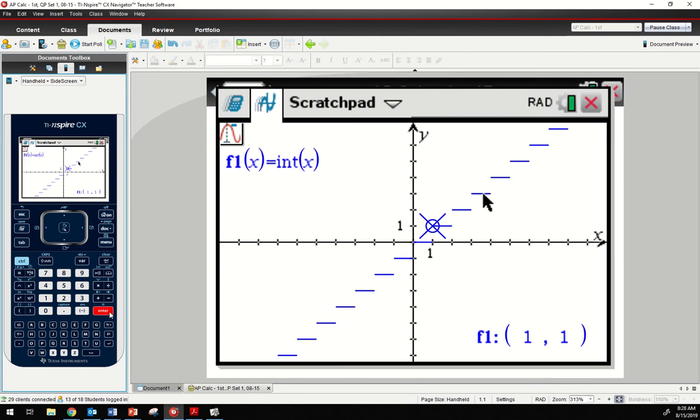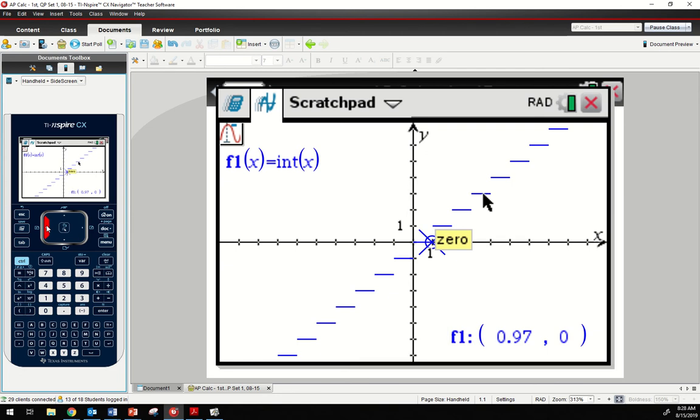So now, let's look at the graph carefully. The right side of this function goes to 1. The left side of this function goes to 0. It's 0 down here, right? Since the trace is still on, I'm just going to arrow over a little bit, just once.